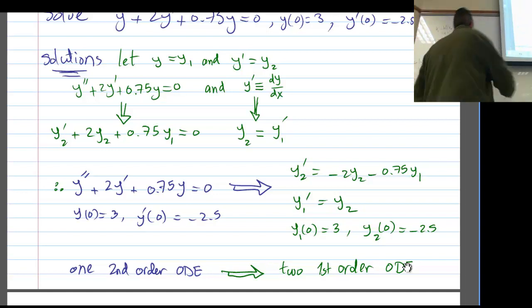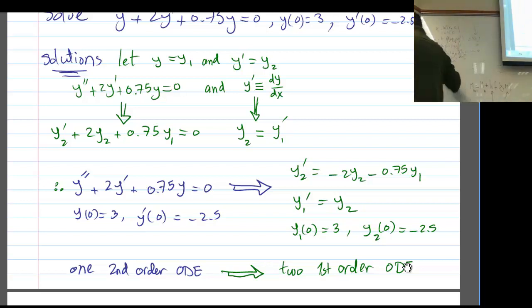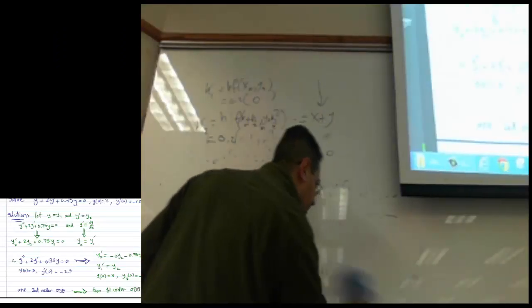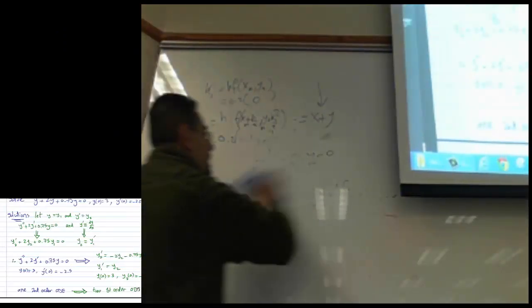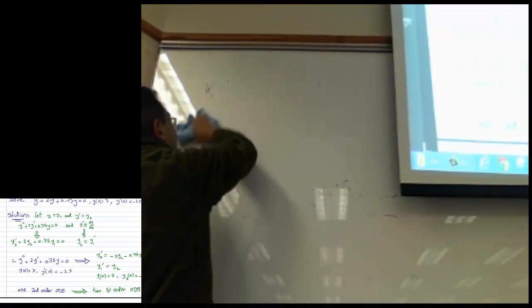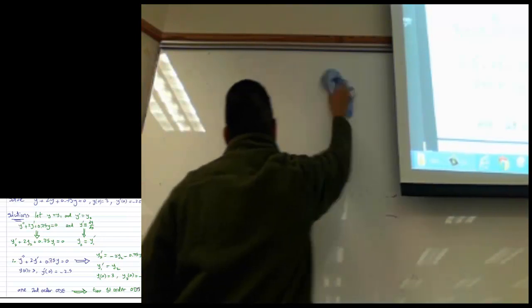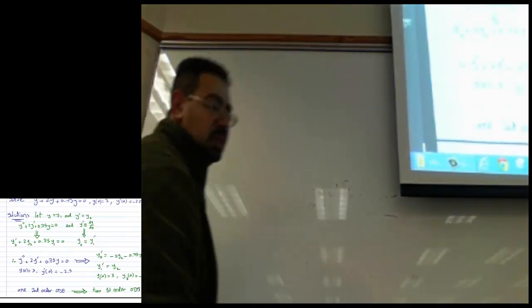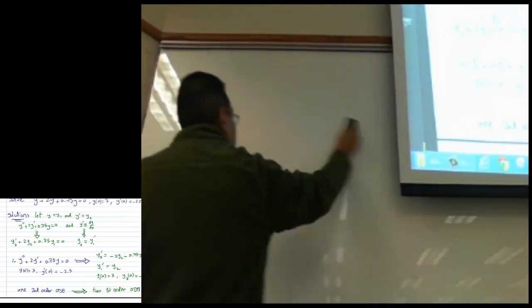Let's solve them with the easiest way ever, Euler, and then worry about enhanced Euler and Runge-Kutta later on. So although the homework doesn't have a system of ordinary differential equations, the quiz next week may have a system of ordinary differential equations.